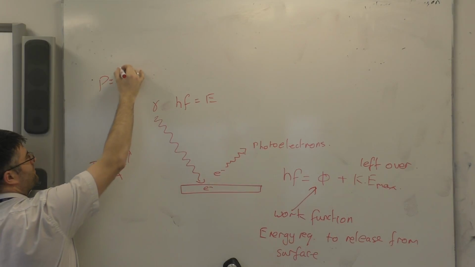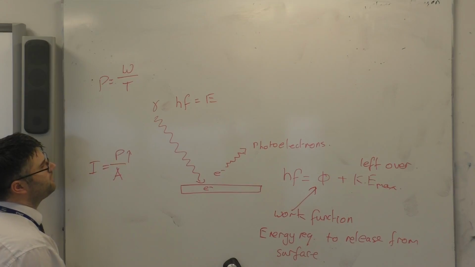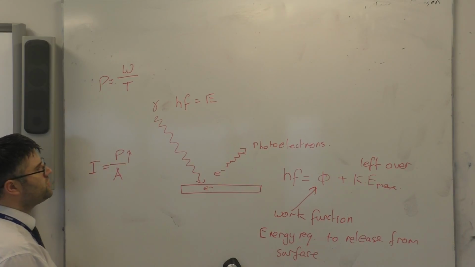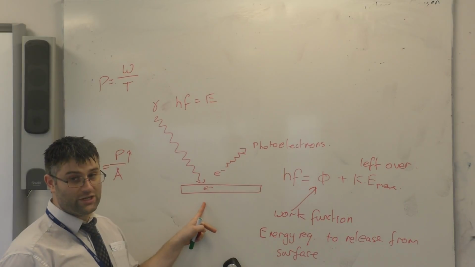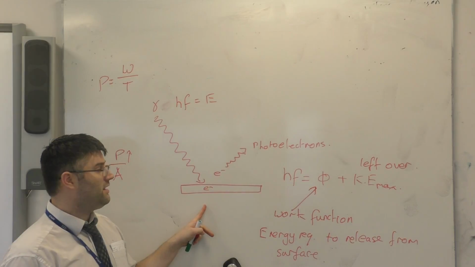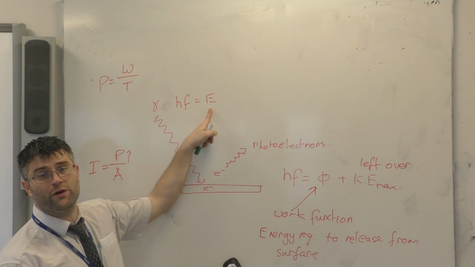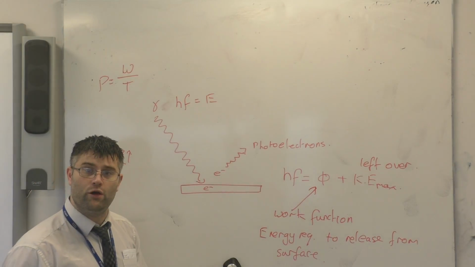Power is an amount of energy transferred per unit time. So there are two ways we might increase the intensity here: I either increase the energy of the photons, or I increase the number of photons.